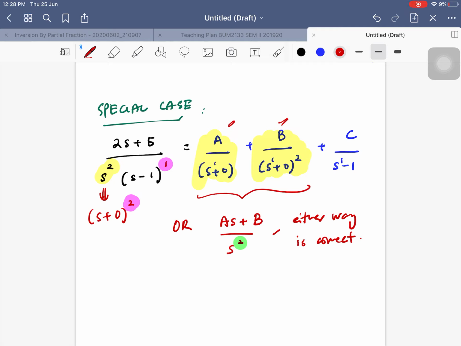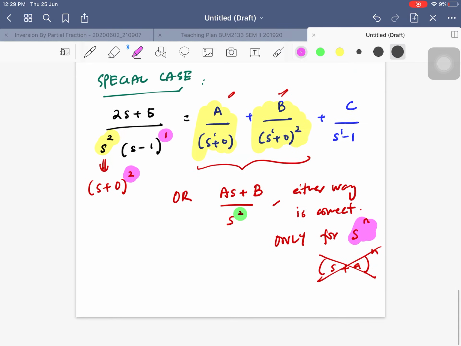But let me warn you, this is only for when you have s by itself raised to the power of n. It cannot be s plus a constant to the power of n. No, it's only when it is s plus 0 raised to the power of n. So that will be the special case.